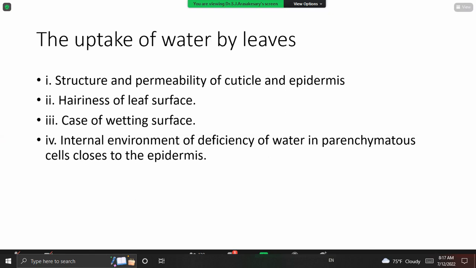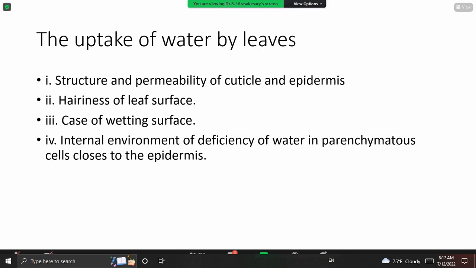On the wetting surface, everything will come and touch, and then it is easy for the leaf to take it inside. Then parenchymatous cells close to the epidermis always should have a deficiency. Then it takes the water inside.